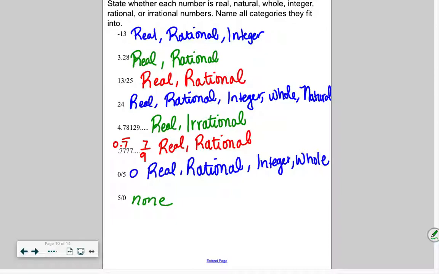A lot of times it says divide by 0 error, or it just says error. You can't have 0 as your denominator in a fraction. That does not work. So it does not fit for any of these categories. So you're just going to say it's none in your notes. It does not fit into any of those classifications.